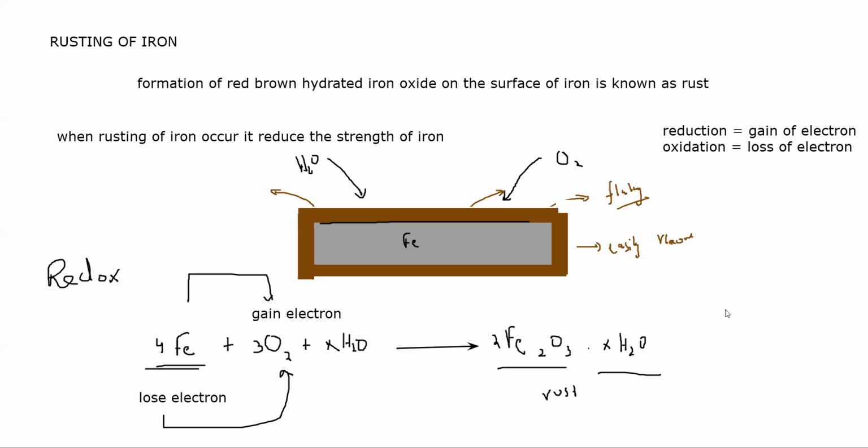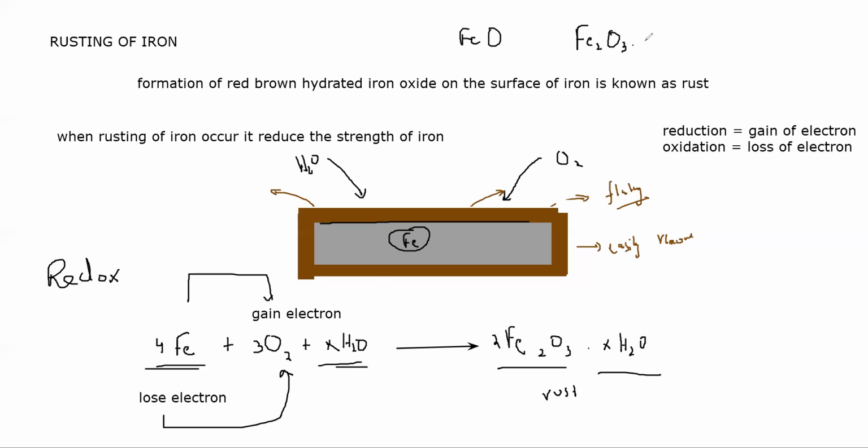The equation here: iron reacting with oxygen. When iron reacts with oxygen, it will form iron oxide, iron 3 oxide, Fe2O3. But rust is hydrated iron oxide. Normal iron oxide is Fe2O3, or it can be FeO, iron 2 oxide or iron 3 oxide. These are normal. But what is rust?